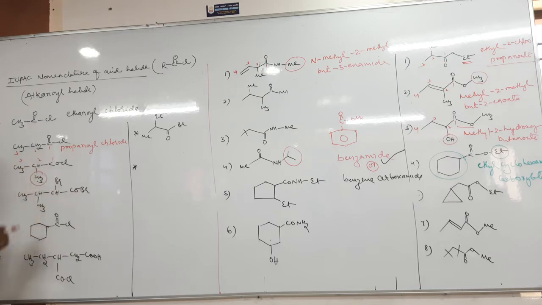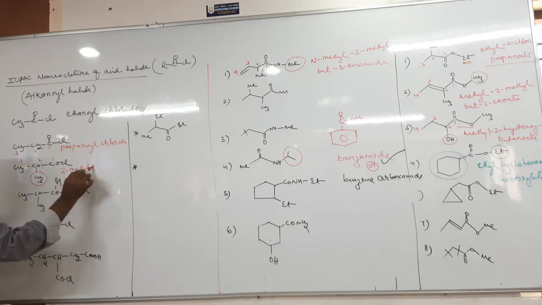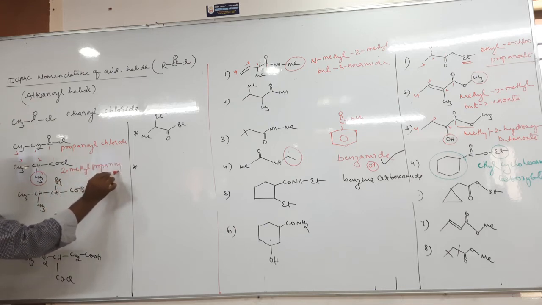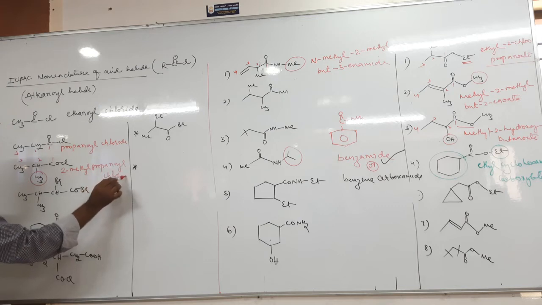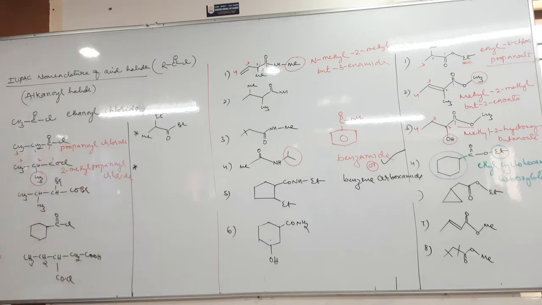So on the second carbon there is a methyl, 2-methyl propanoyl chloride. 1, 2, 3, 4. So when more than one substituent is there, write the name in alphabetical order. Bromine comes first. 2-bromo, 3-methyl, butanoyl bromide.